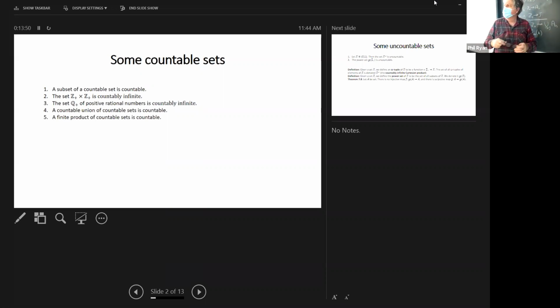Is there any way of doing this by contradiction? Assuming that it's maybe uncountable, then you can say that it must have a subset that's uncountable. No, that sounds too difficult. I don't think that will work.